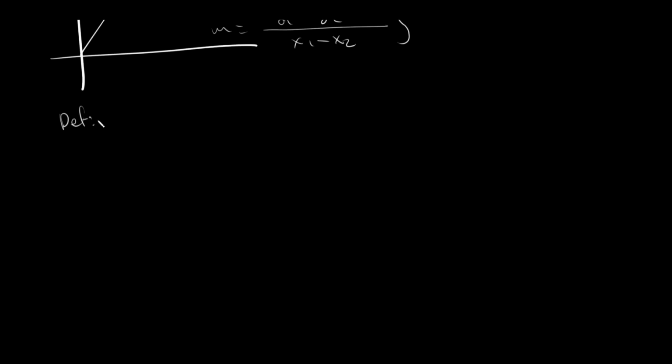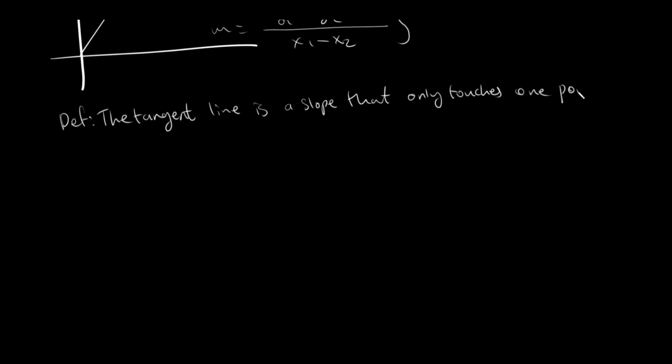Definition: the tangent line is a line that only touches one point on a curve.